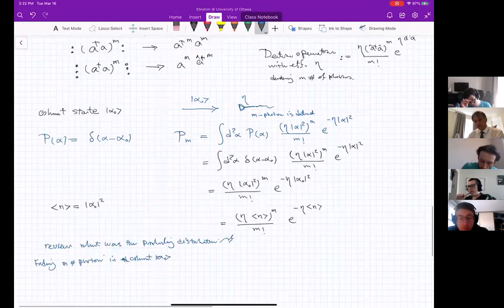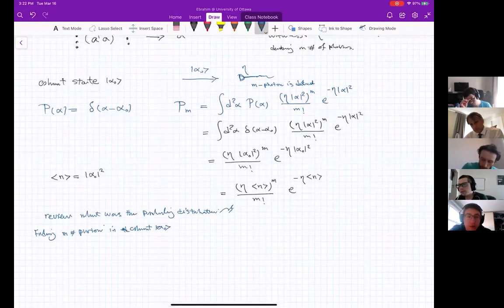Who remembers this? What we had to do was just expand the coherent state in terms of photon number, look at the coefficient, and take the square modulus, right?